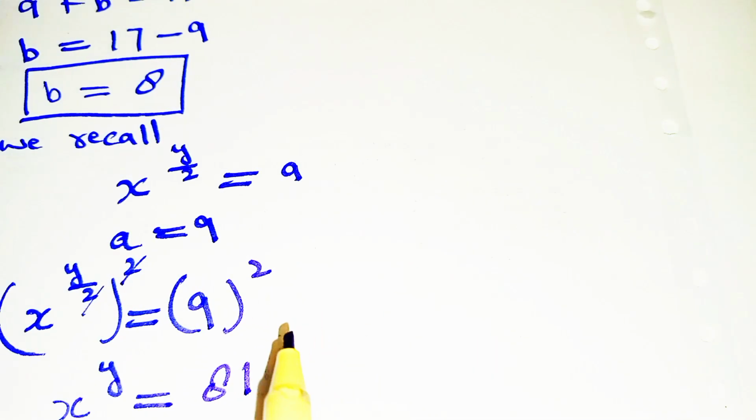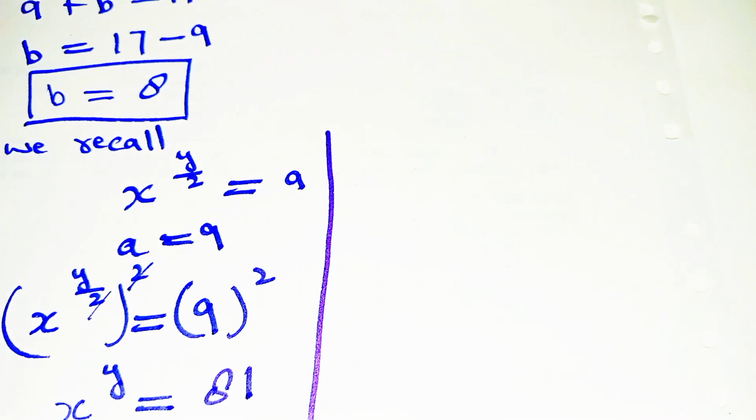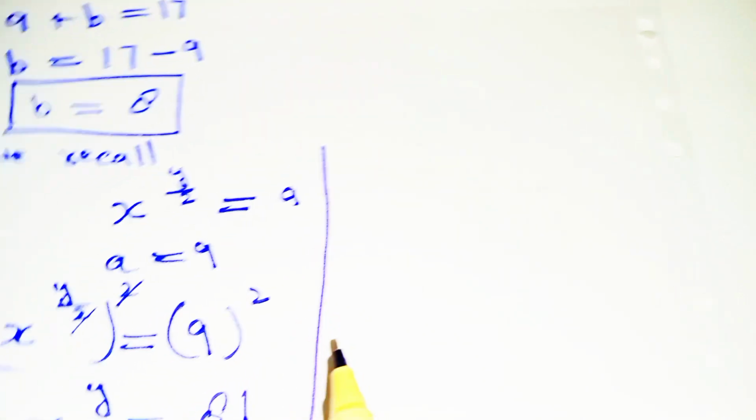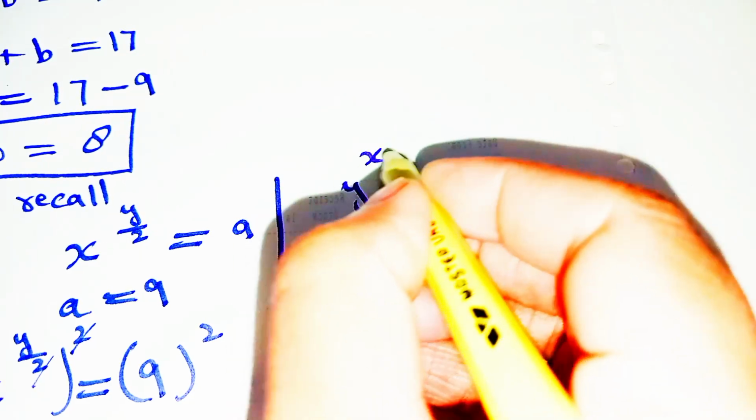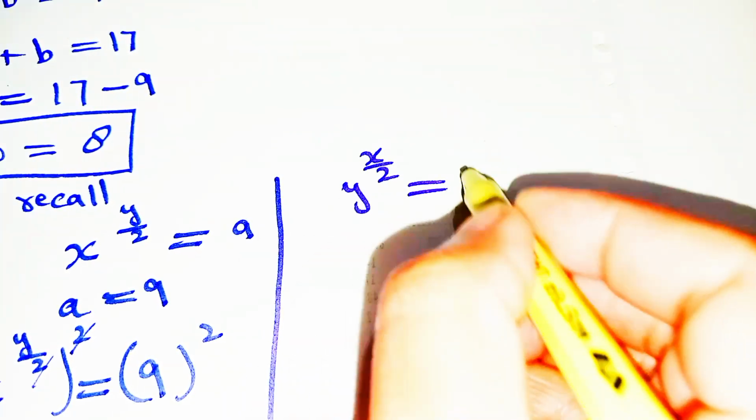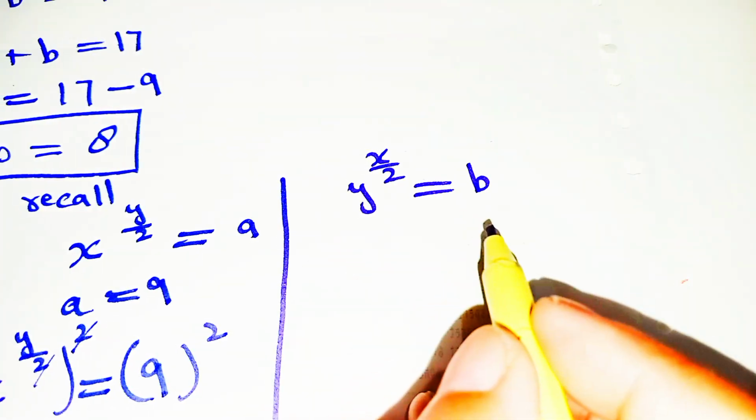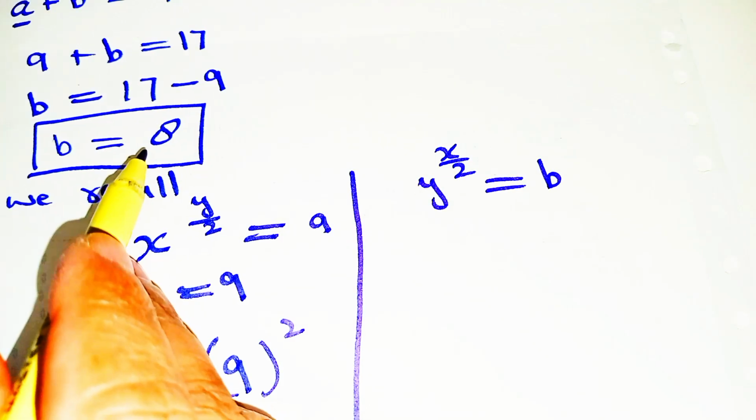Same here, we can solve for the value of y to the power of x over 2, which is b, and the value of b is 8.